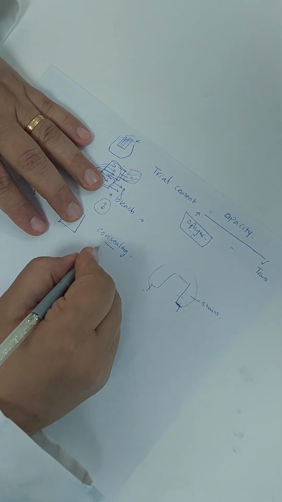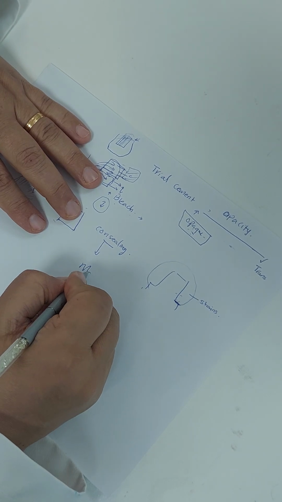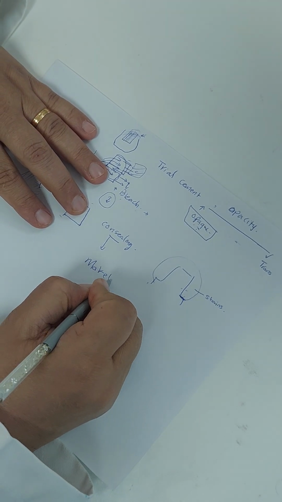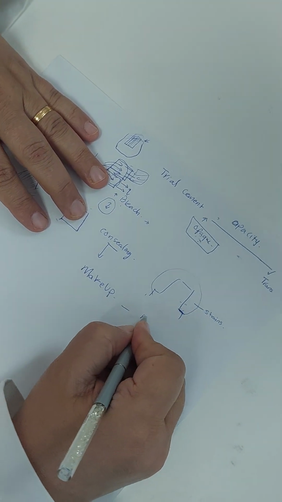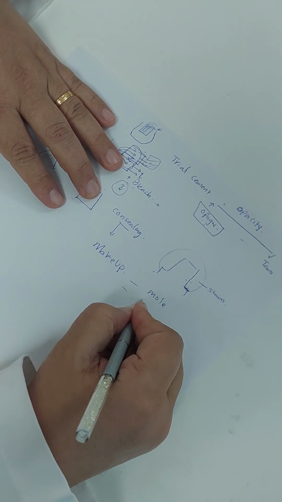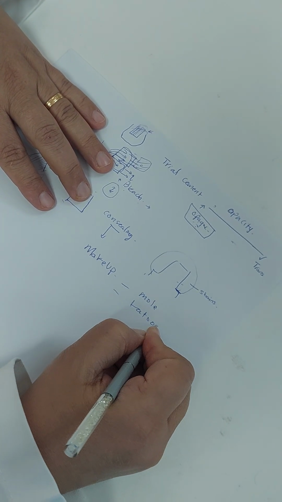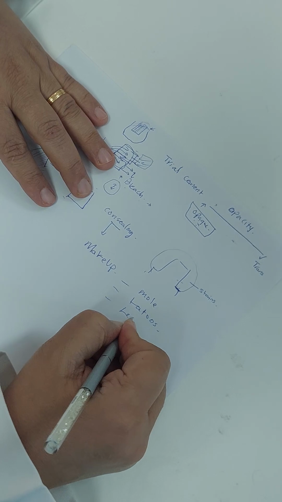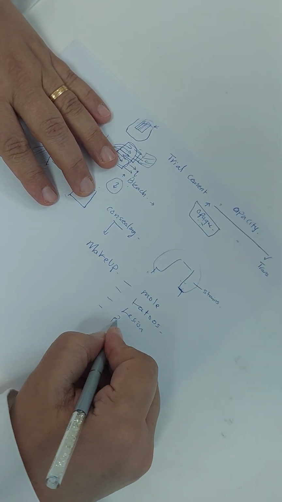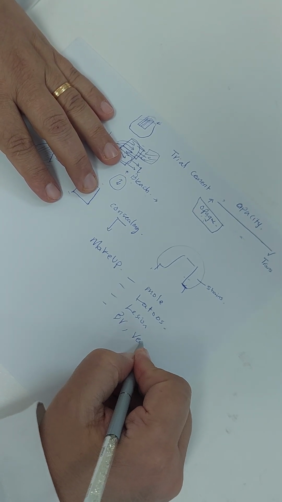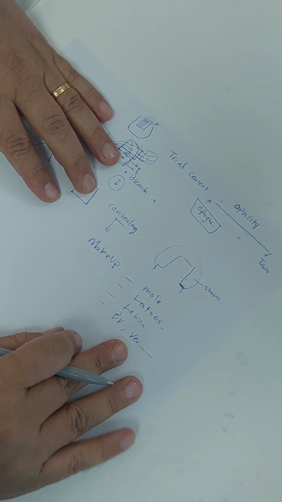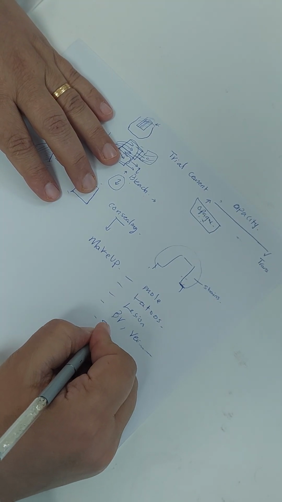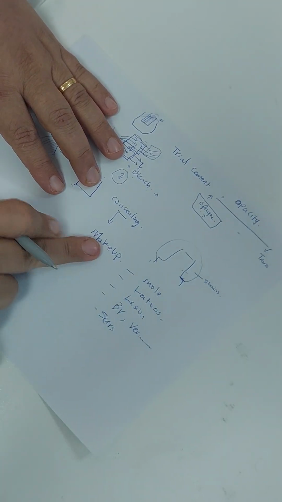It works similarly to the concealing that we do with makeup. There are a lot of makeup videos where they conceal a mole, tattoos, lesions, blood vessels, veins, and so on. They even conceal scars. They know how to conceal it with makeup.